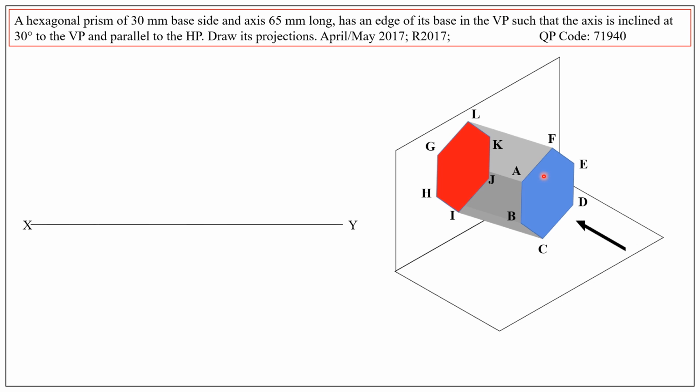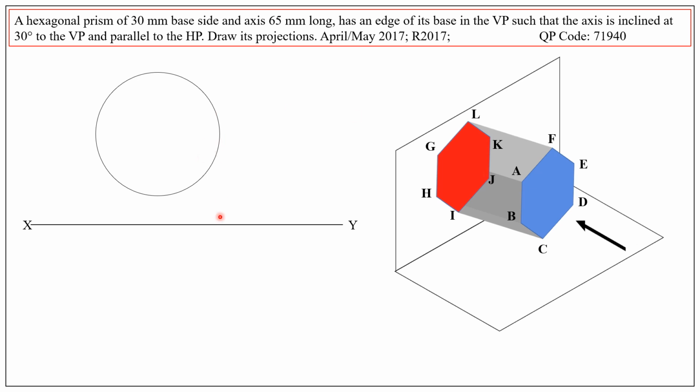So the front view is a hexagon. To construct the hexagon, draw a circle of radius equal to the side of the hexagon.